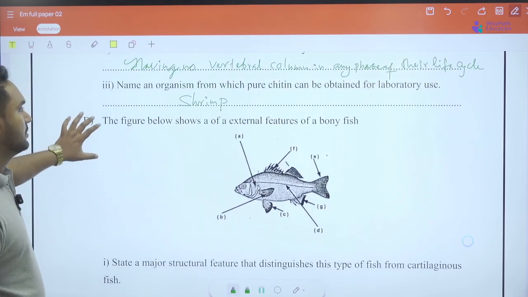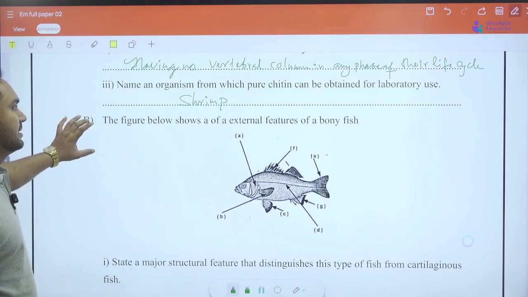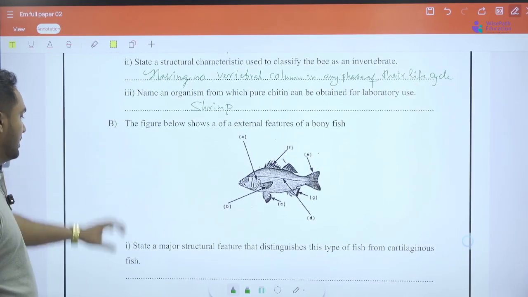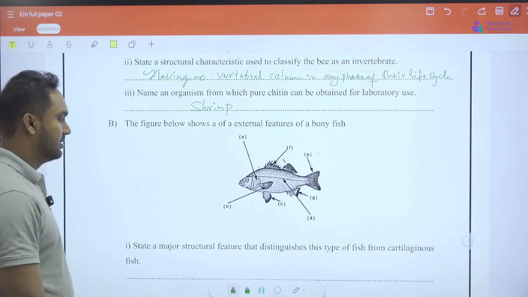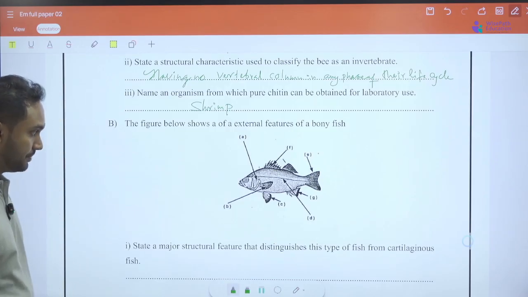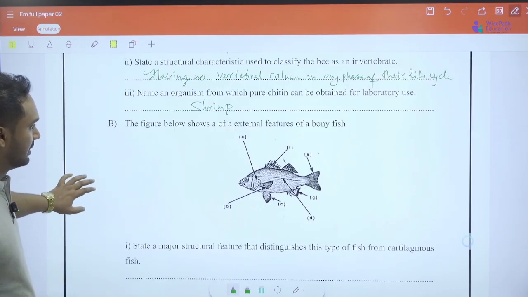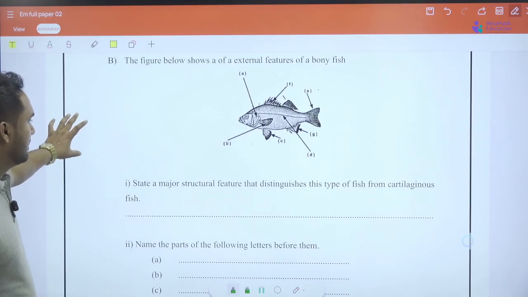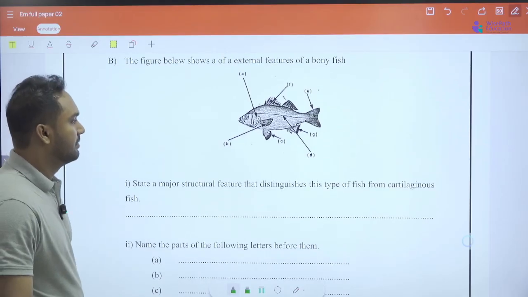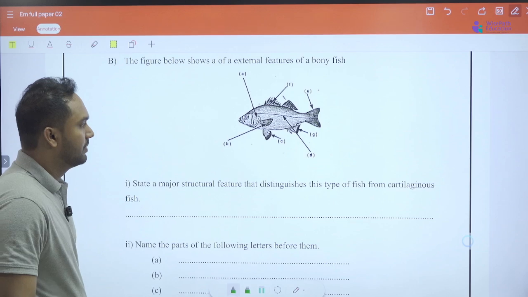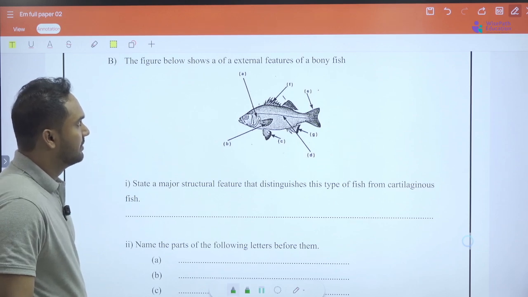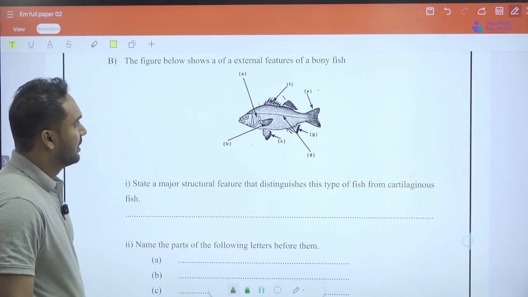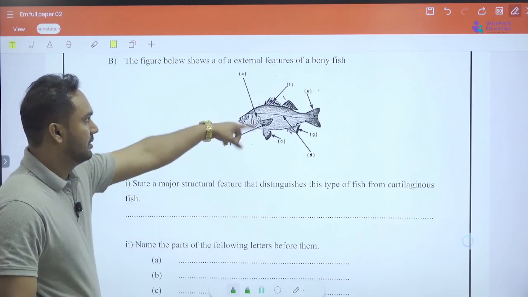The figure below shows the external features of a bony fish, right? State a major structural feature that distinguishes this type of fish from cartilaginous fish. Now, one of the main features is that the gills are covered with a bony flap. That is this part.